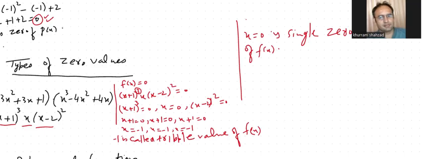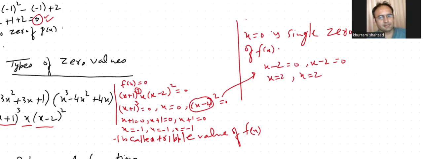Next, this is x minus 2 squared is equal to 0. From here, we can set it twice equal to 0: x minus 2 is equal to 0, x minus 2 is equal to 0. Why have we set this x minus 2 twice equal to 0? Because it is giving us x is equal to 2 and x is equal to 2.